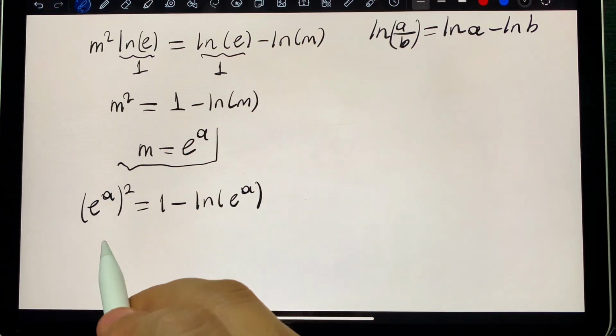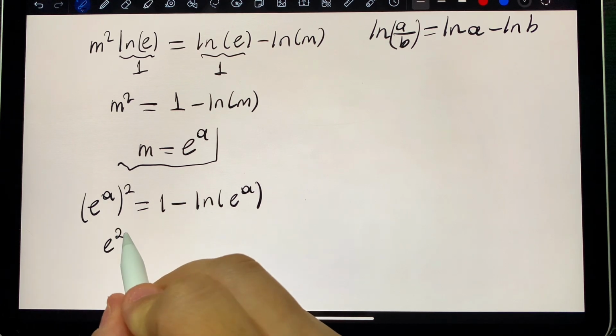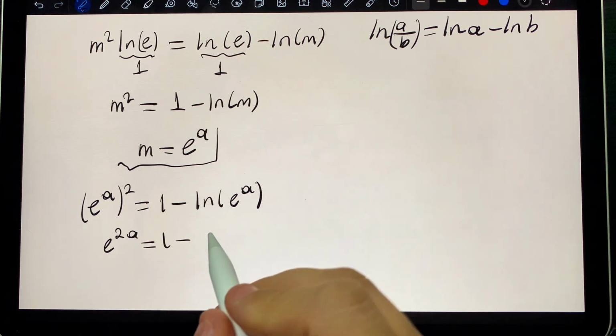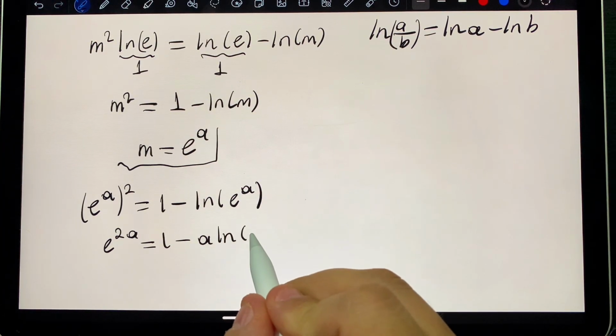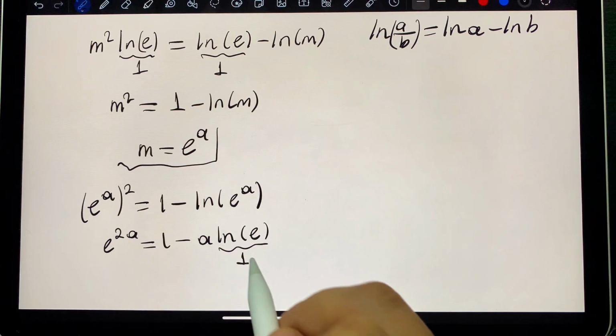Then e power 2a equals 1 minus a times ln e. Yes, equals 1.